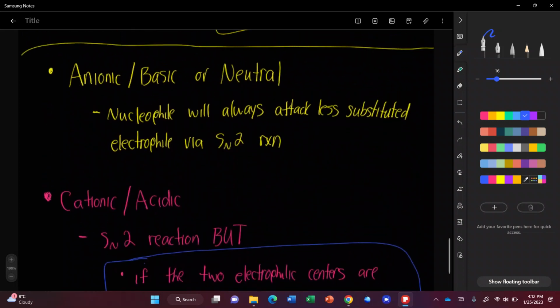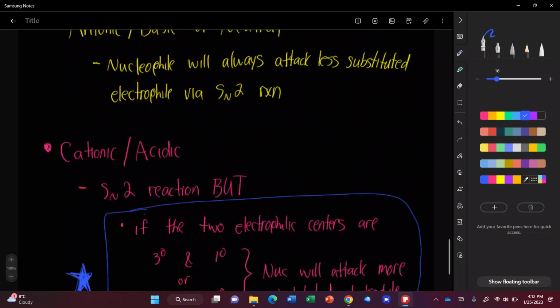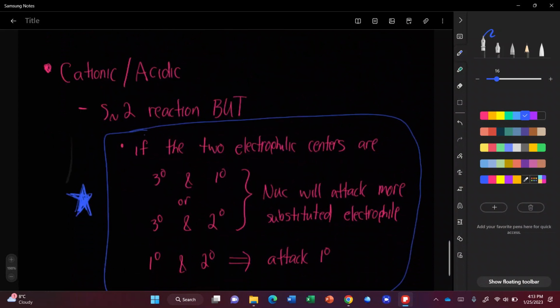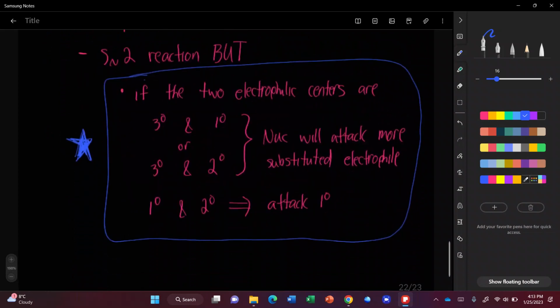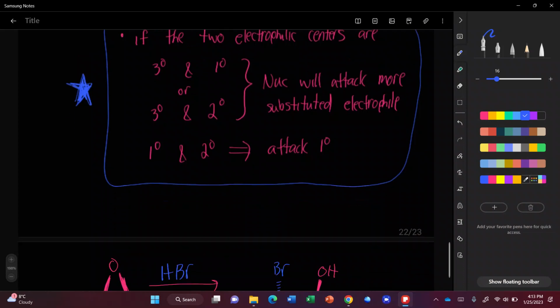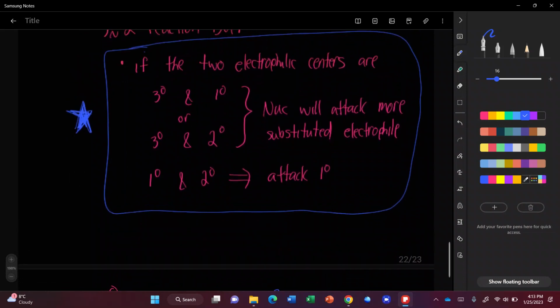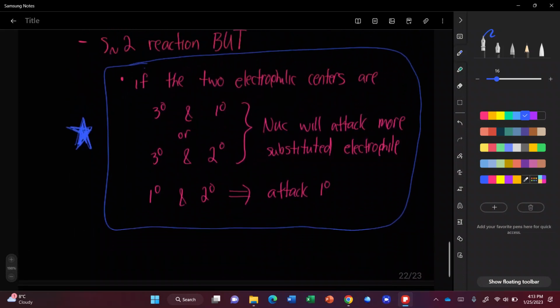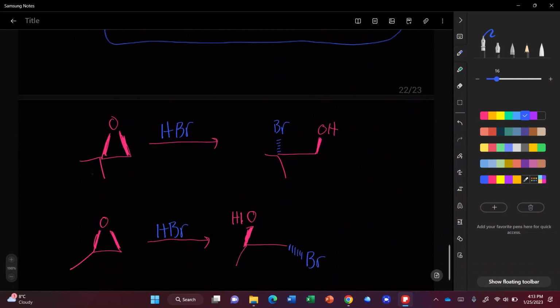However, if it's anionic or basic, the nucleophile is always going to attack the least substituted electrophilic carbon. If it's cationic or acidic, it's always going to attack the most substituted carbon, unless none of the carbons are tertiary. And if none of the carbons are tertiary, then it's just going to do the same thing that it would have done if it was anionic, which is just attack the primary position, the less substituted position.